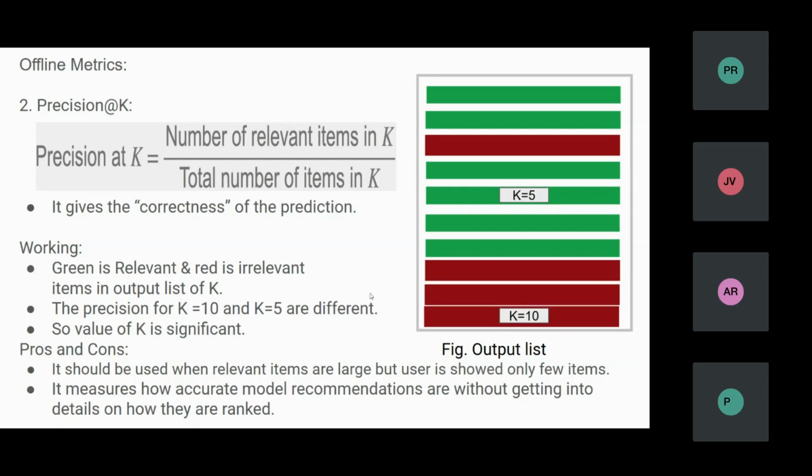But if we take the value of k equals 5, our accuracy becomes 80%. So the value of k is significant, and while calculating, it should be kept in mind that the values of k for all the lists should be kept equal.